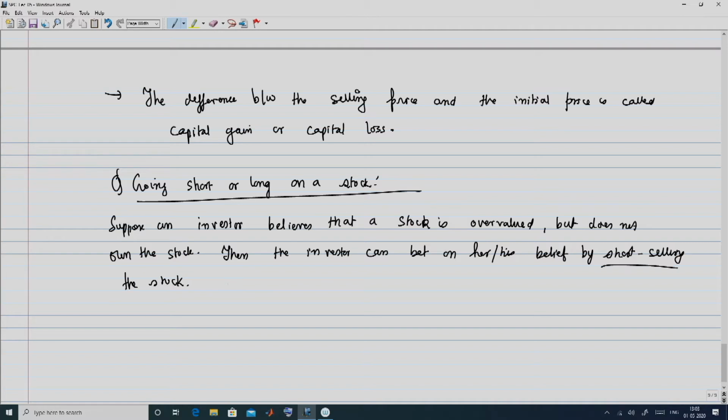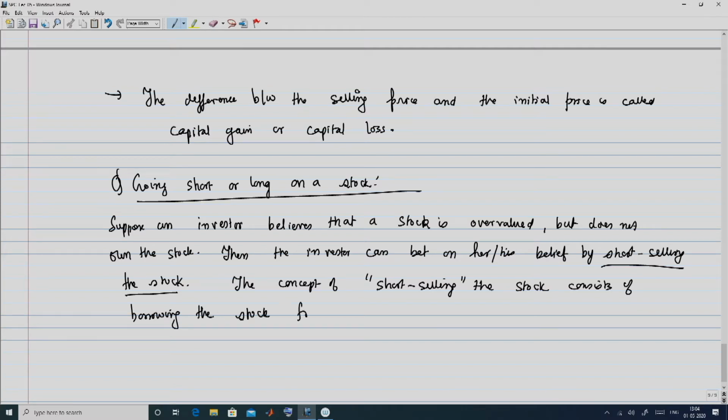So, what is this concept of short selling the stock? The concept of short selling the stock consists of borrowing the stock from someone who owns it and then selling it.